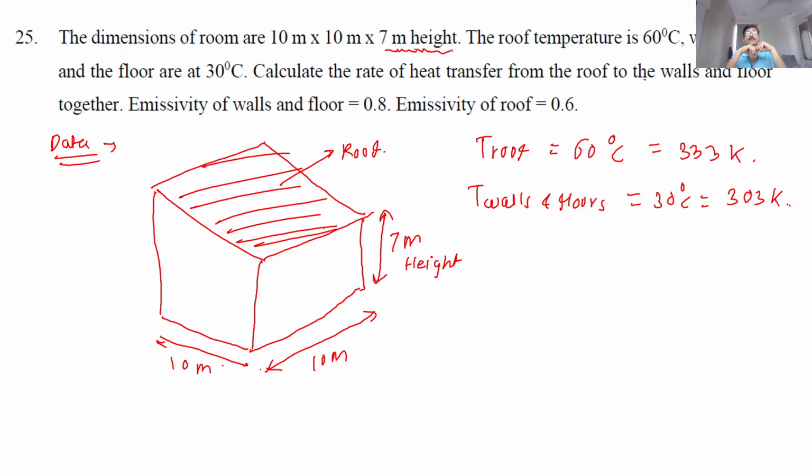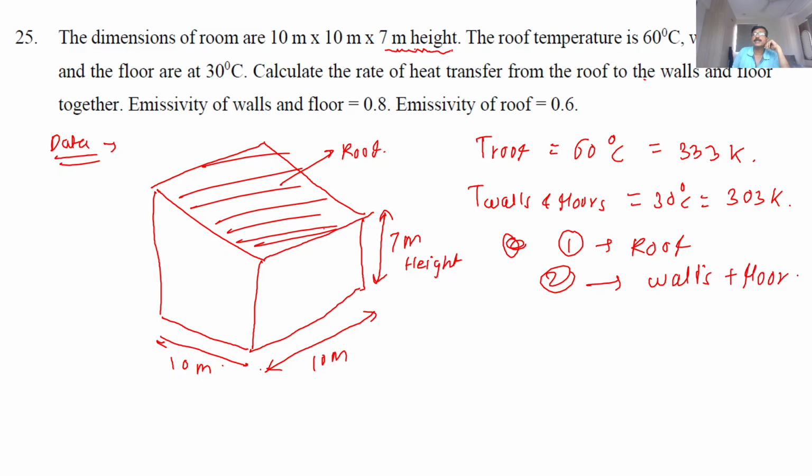Calculate the rate of heat transfer from the roof to the walls. So of course, you need roof to the walls. So I will take number 1 as roof, and number 2 I will take as walls plus floors combiningly. Why? Because in the problem the temperatures of wall and floor are not different. There are 4 side walls and 1 floor at the bottom, but they have given the same temperature for all 4 walls and the floor, that is 30 degree Celsius.